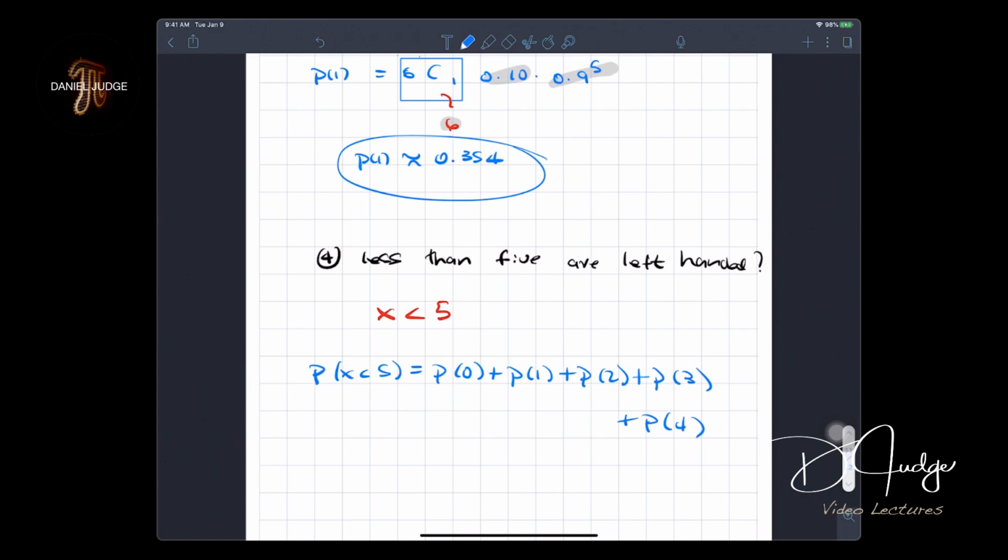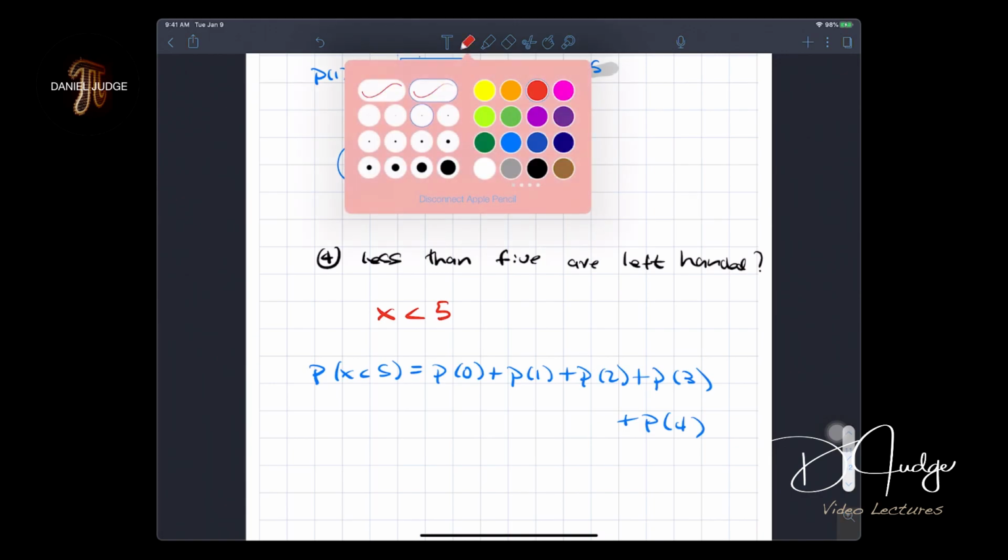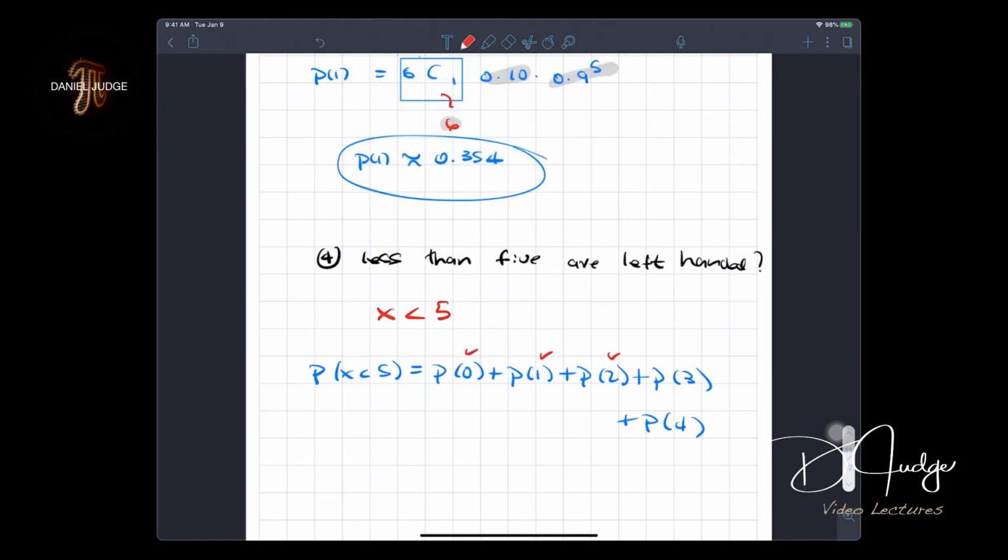This is smaller than 5. So you would need 1, 2, 3, 4, 5 computations to do if you use the definition.